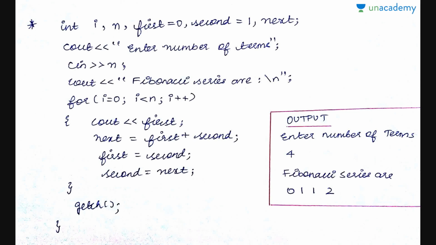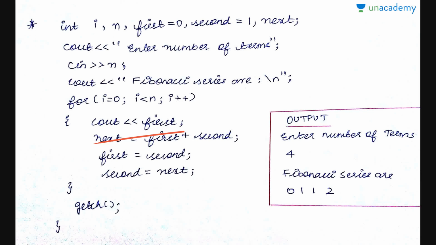Hence, after the user enters the number of terms he wants to calculate, you just print Fibonacci series, and you enter the loop n number of times. Each time you print only the value of first. That is because if you want to print n numbers of the Fibonacci series, you enter the loop n number of times and print only the first number at a time.